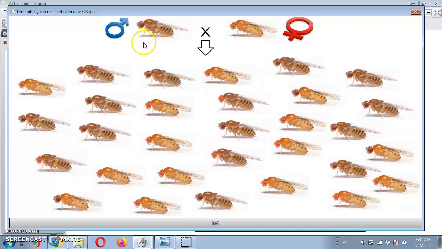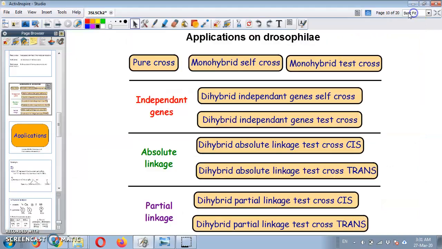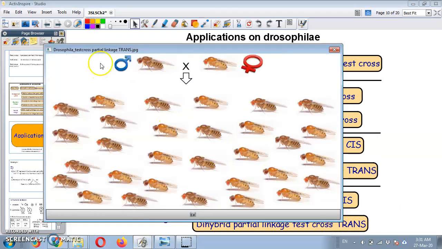So the hybrid parent will have 20% of recombinant gametes, then its gametes will be 40% to other 40% and 10% for each of the recombinant chromosomes carried by the gametes. Later on, we will see an example and we will have more idea about how to calculate the percentages of gametes.